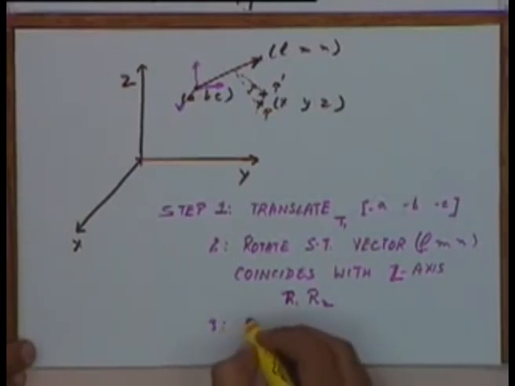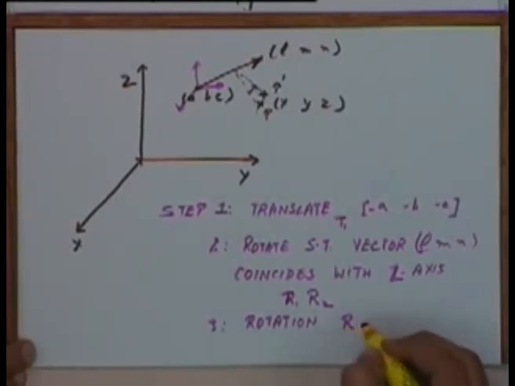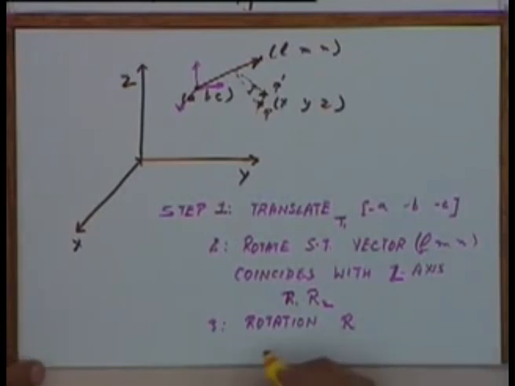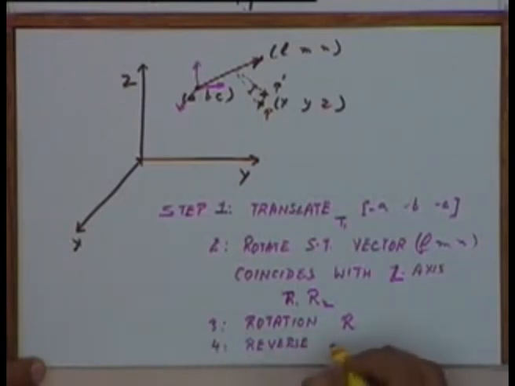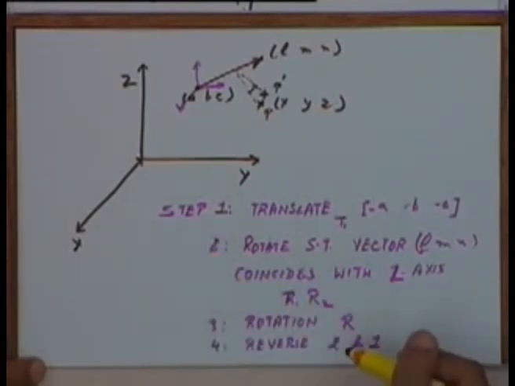Then we will carry out the actual rotation. Let's say that is R. And then we will reverse the steps, reverse 2 and 1. Whatever transformation is obtained in step 2, we'll do the opposite of that.